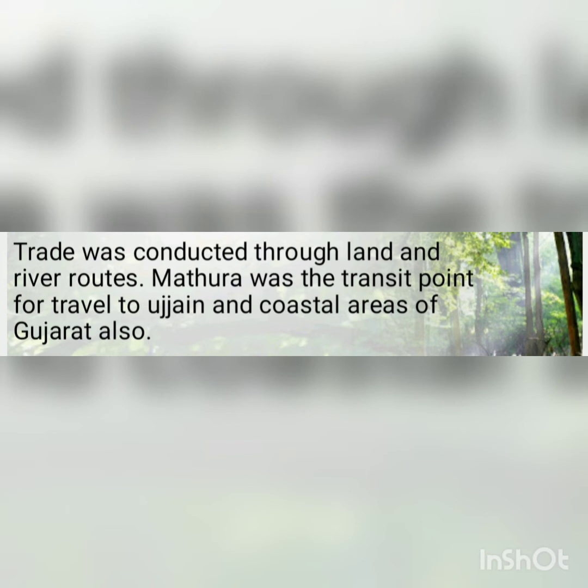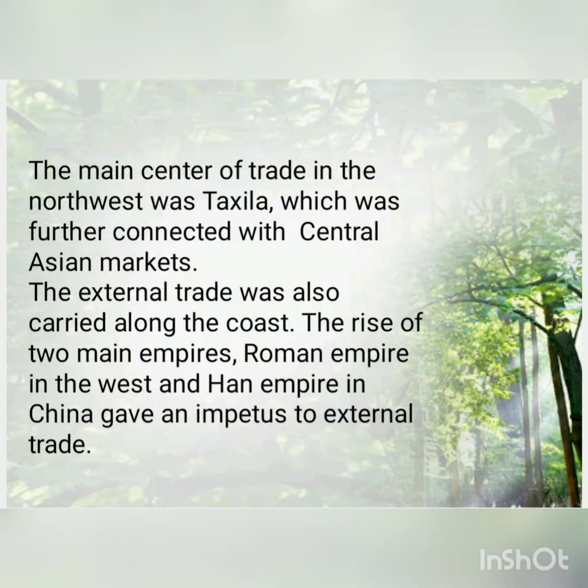Mathura was the transit point for travel to Ujjain and coastal areas of Gujarat also. The main center of trade in the northwest was Taxila, which was further connected with Central Asian markets. The external trade was also carried along the coast.